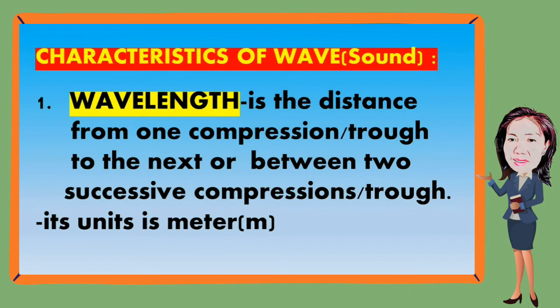Let's proceed to the characteristics of wave, particularly sound wave. So one of the characteristics of sound wave or wave is wavelength. What is this wavelength? Wavelength is the distance from one compression to another compression. That is for longitudinal.